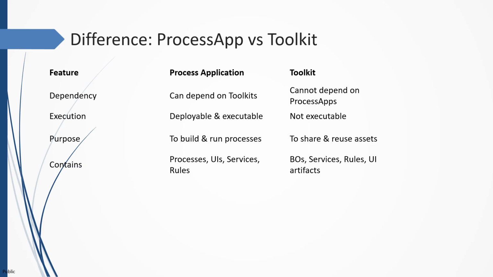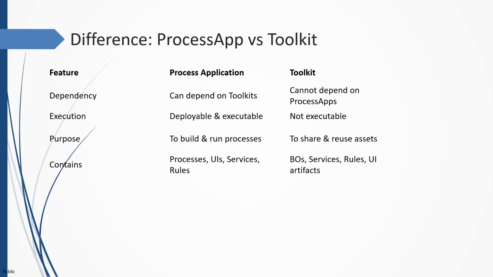Also, a process application is a deployable component, and we can run that application in higher environments. Whatever application we develop, we can deploy it into the higher environment and run it. But a toolkit we can't deploy independently. To deploy a toolkit, we first have to link it to a process application, and only then can we deploy.